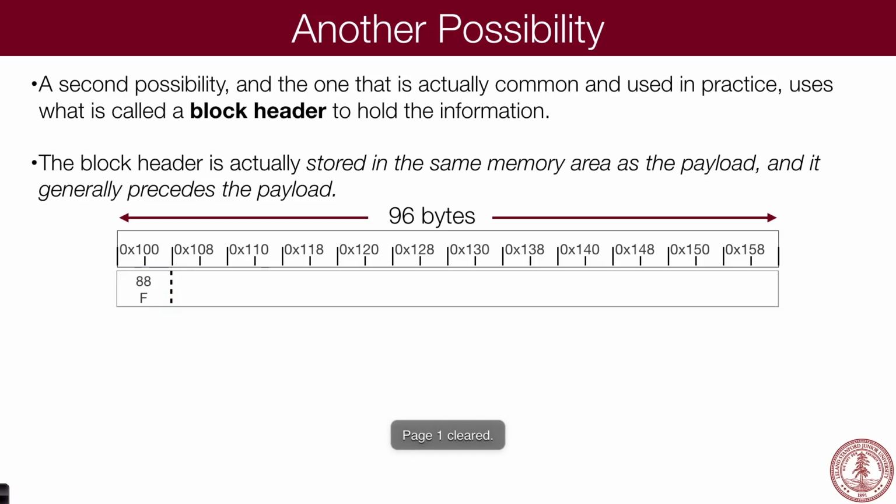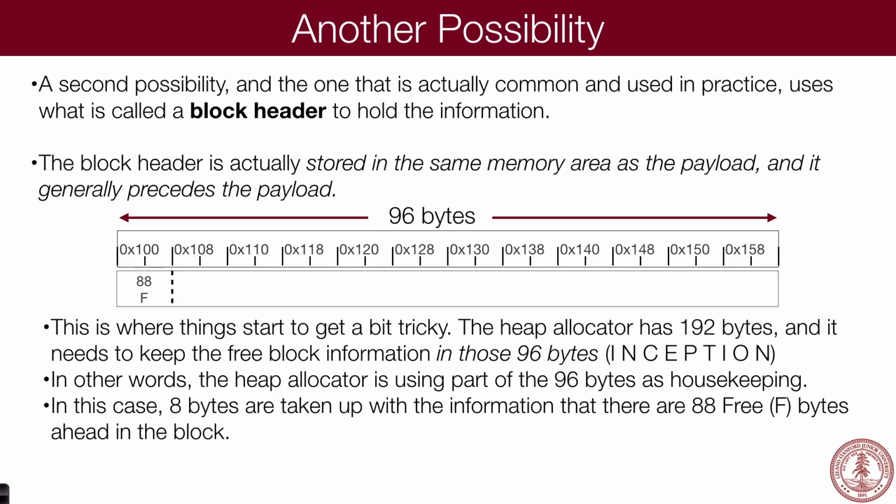Here's the Inception part. The heap allocator itself has to keep the data inside the heap memory that it's trying to dole out, and it's using part of that memory for housekeeping. Now, 96 bytes is a little silly. It's such a small amount that any overhead is going to seem like a ton of overhead.